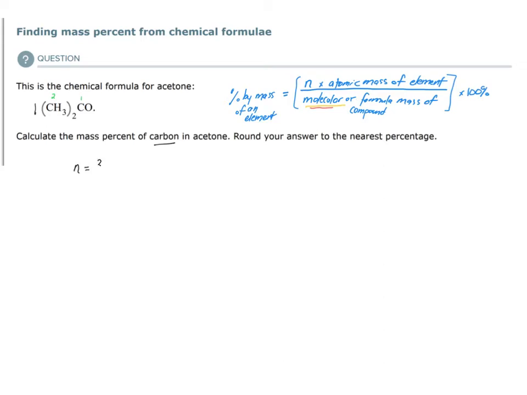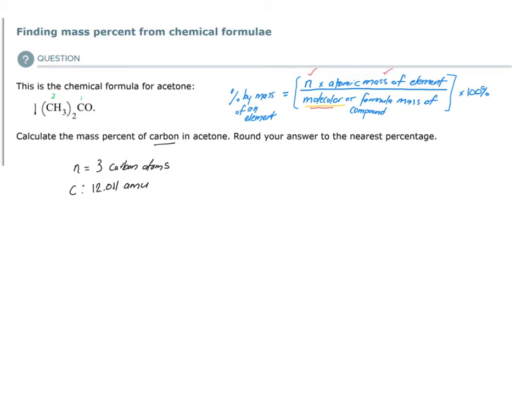So we have 3 carbon atoms in 1 molecule of acetone. So we have N. In this molecule, there are a total number of 3 carbon atoms. What is the atomic mass of the element? Well, the atomic mass of carbon is 12.011 AMUs.